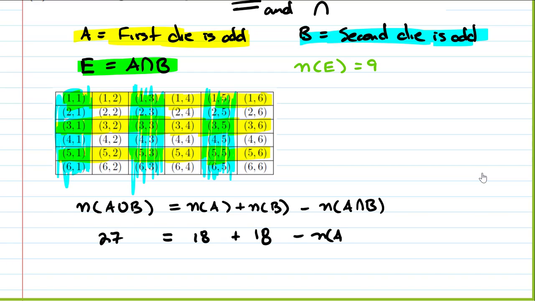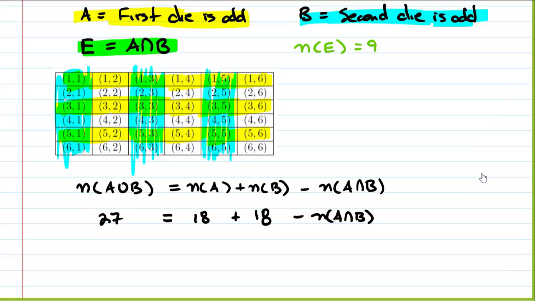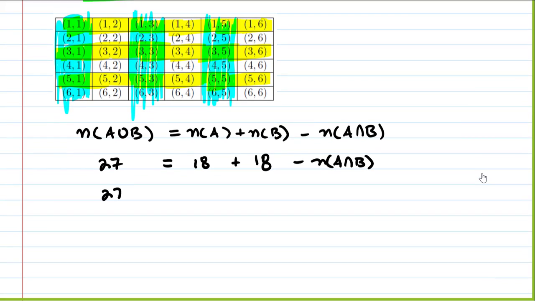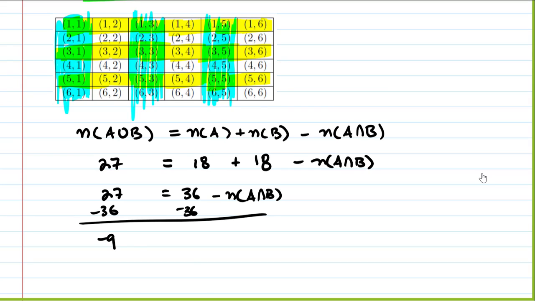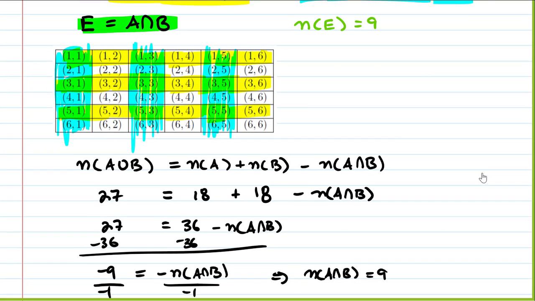And say we were trying to solve for the number of things in A intersect B. We would then have the formula 27 equals 36 minus the number of things in A intersect B. We minus 36, we minus 36, and we get negative 9 equals negative n A intersect B, or dividing by negative 1, we would get the number of things in A intersect B is equal to 9.